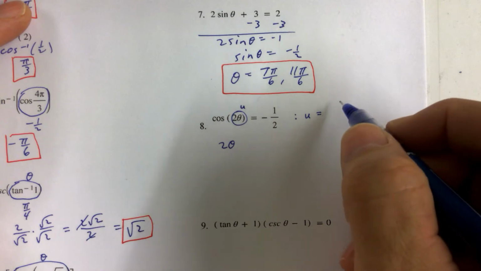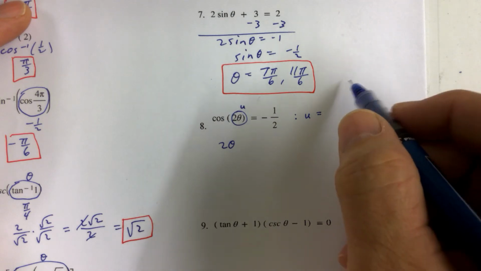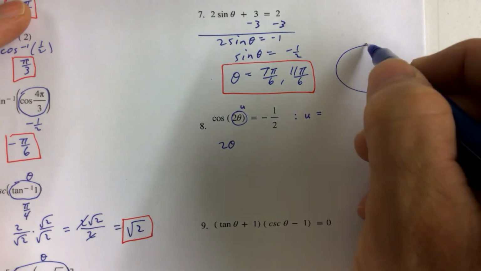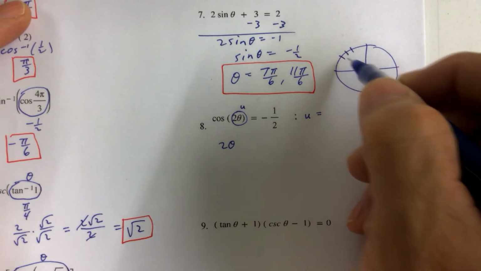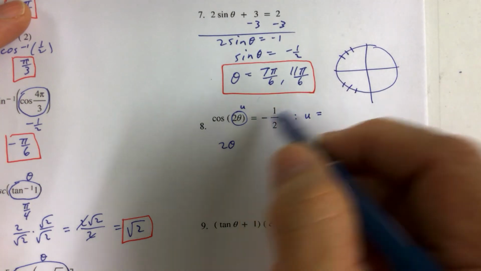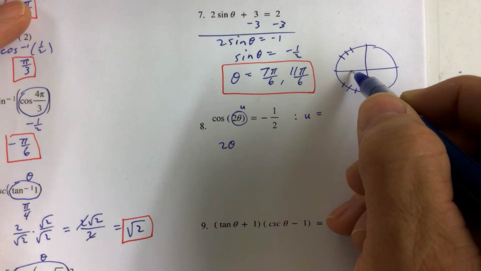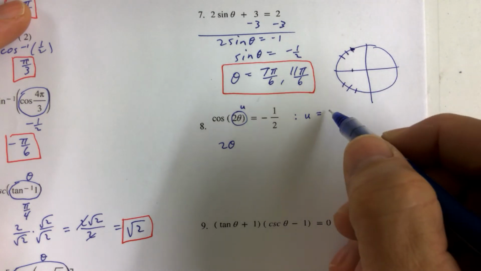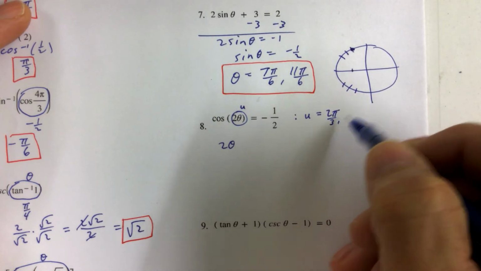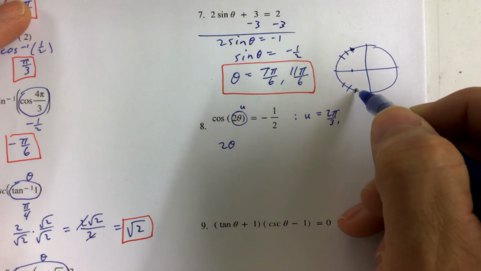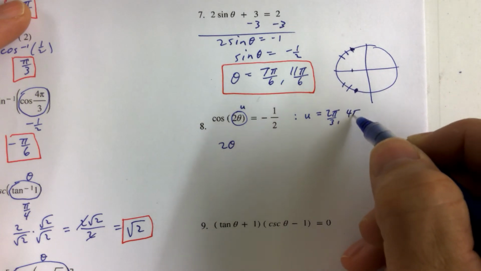Well, the cosine is negative in the second quadrant as well as the third quadrant, so second and third. And since the cosine is the x, when you go over 1/2 to the left, you go up to that angle right there. That's 2 pi over 3. And then over to the left, and then down to that angle. That's 4 pi over 3.